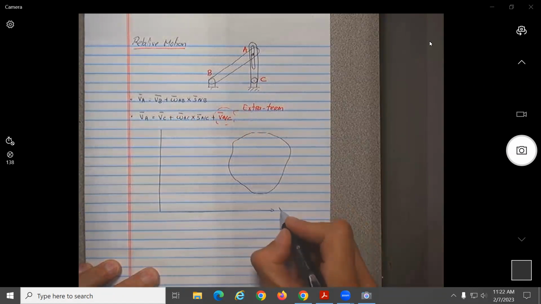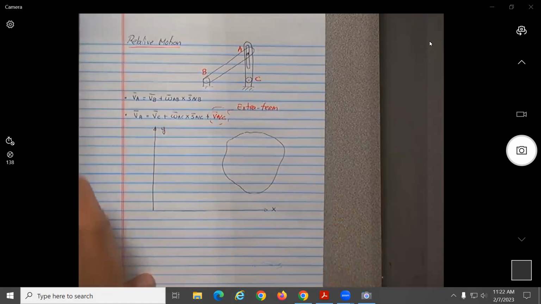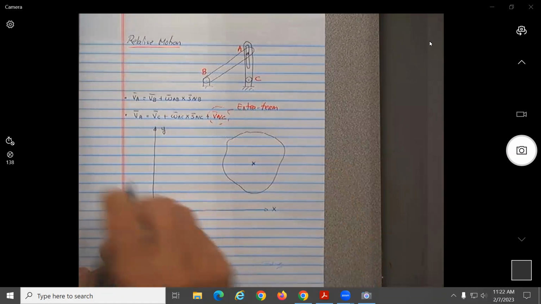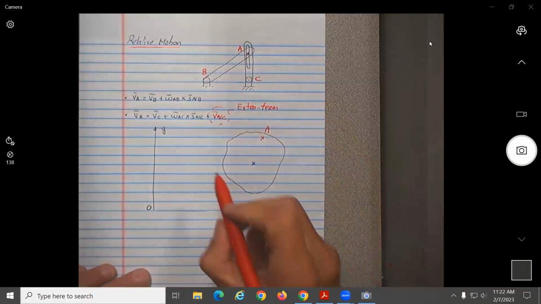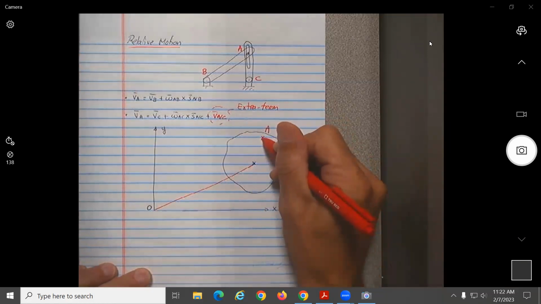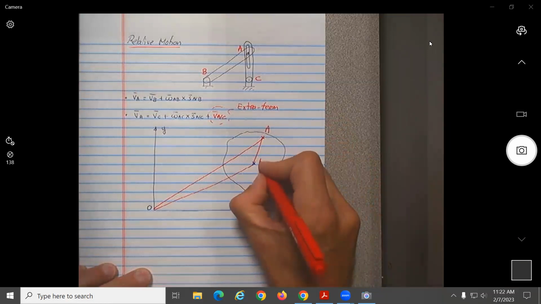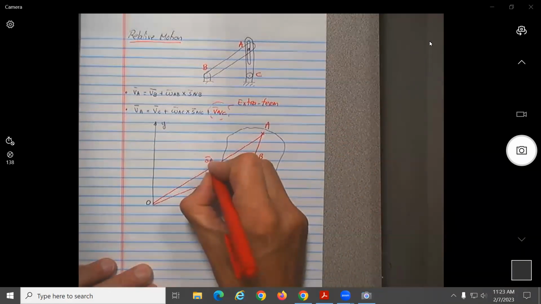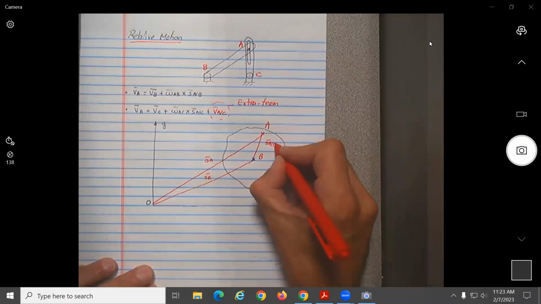So in this case, we're gonna have here X and Y. And we're going to call this point here O. This would be our point A, and this would be B. So this vector here would be S of A, this will be S of B. And now this one would be the position of A with respect to B, S of A B.